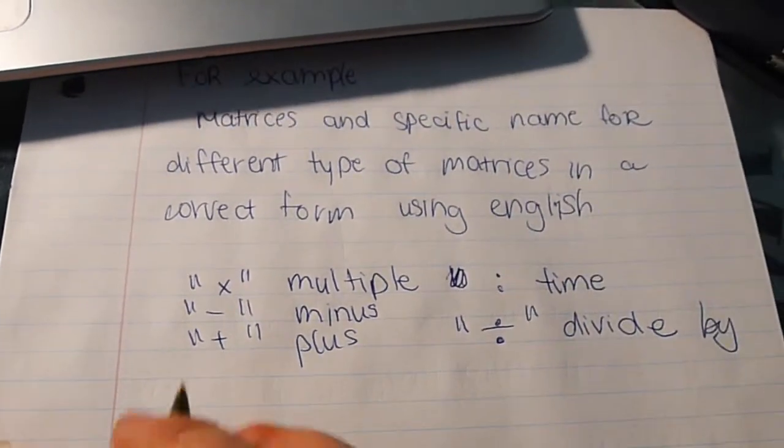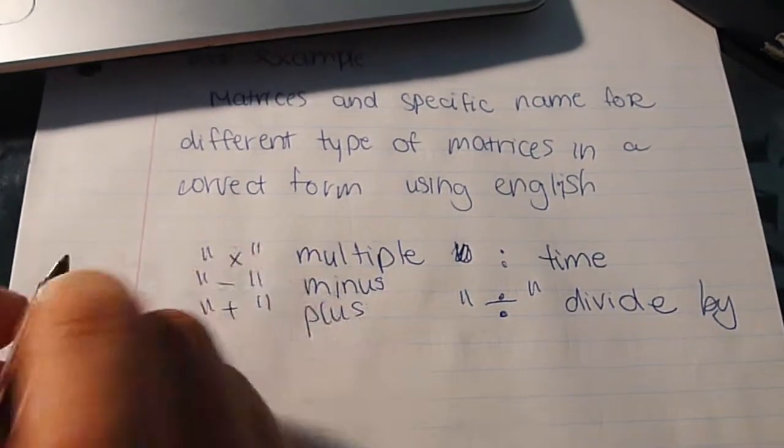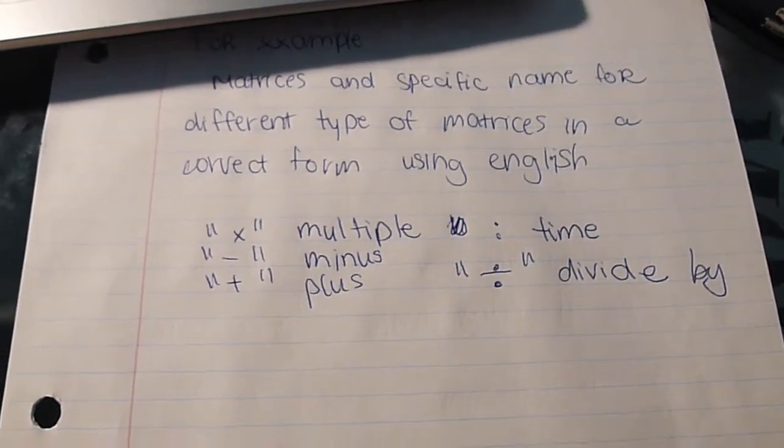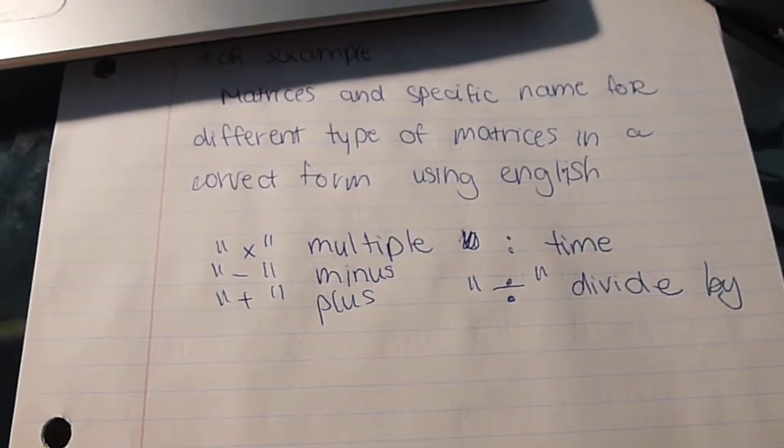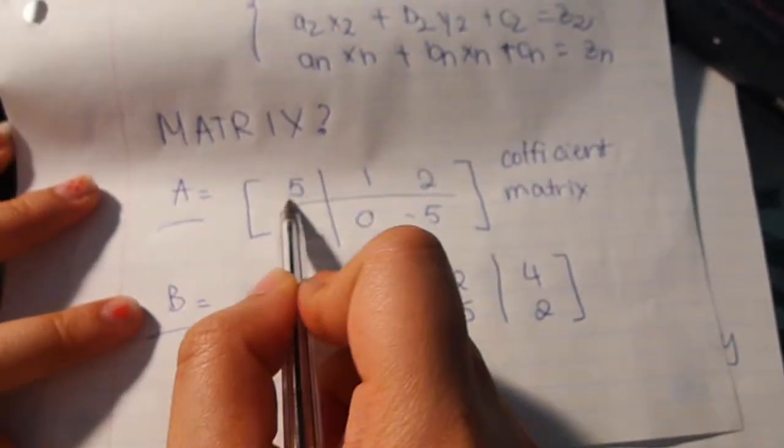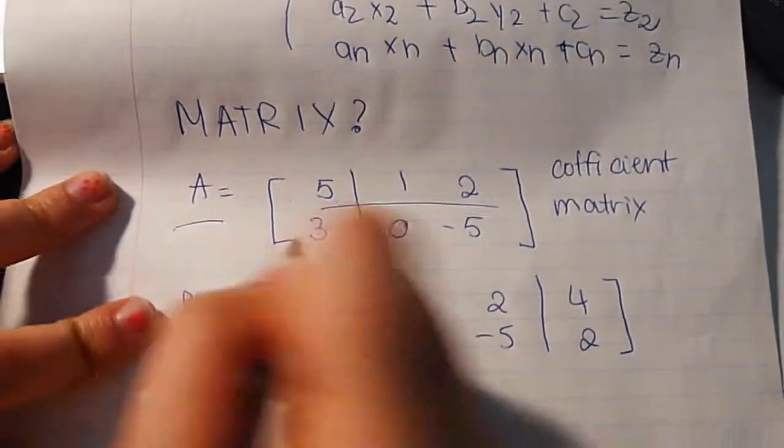So for example, as I mentioned before, we have rows here. This is row 1, this is row 2, right?